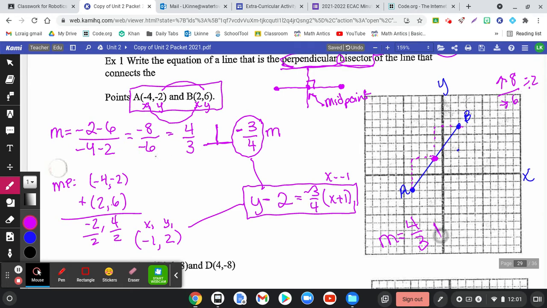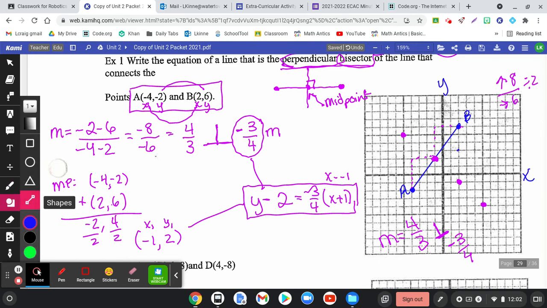So again, if it's perpendicular, we're going to go down 3 over 4 from that point. Down 3 over 4. Down 3 over 4. You can go up 3 backwards 4. Again, I'm going to draw my line. Do those look perpendicular? They sure do.